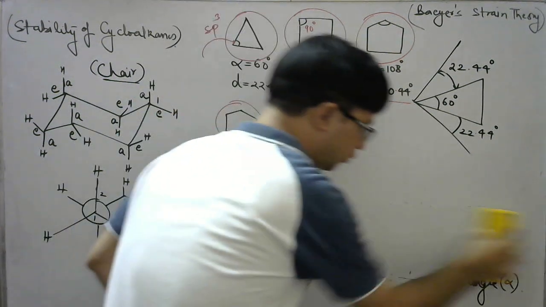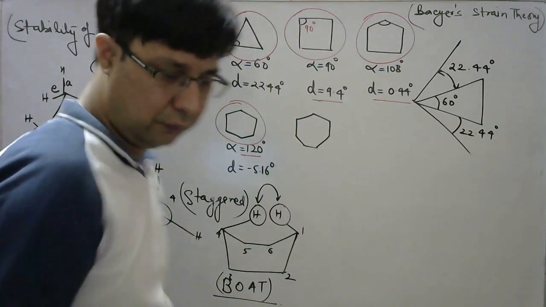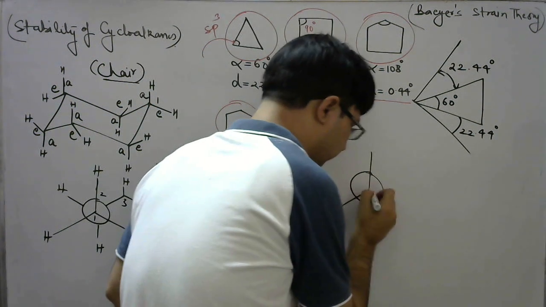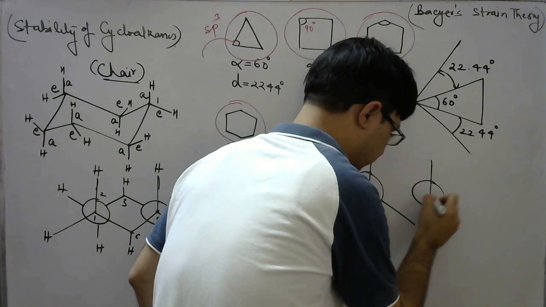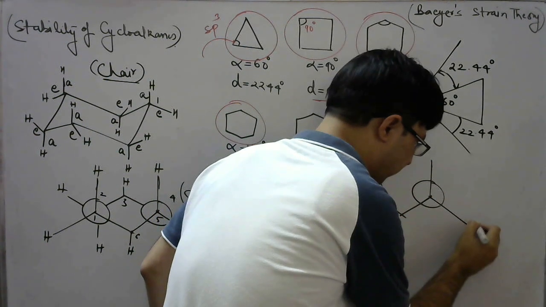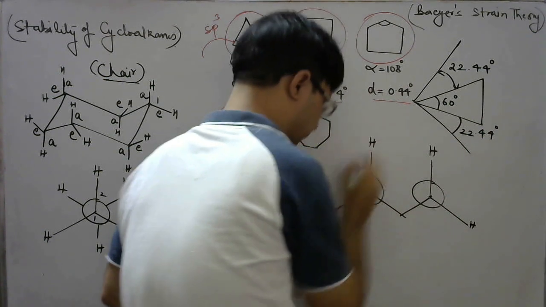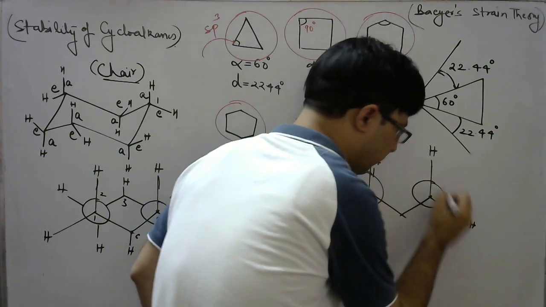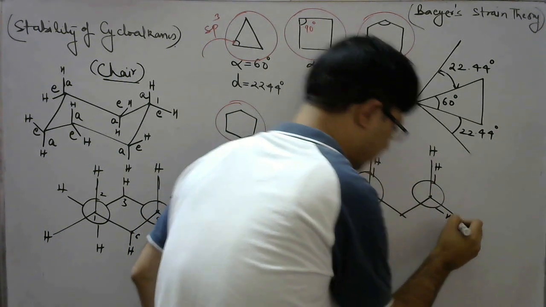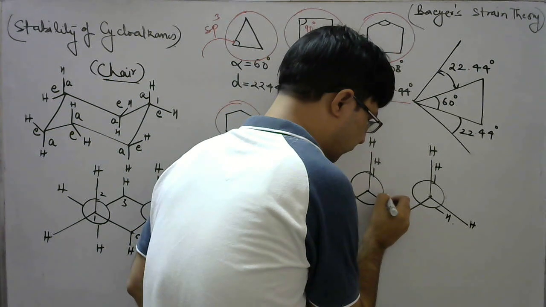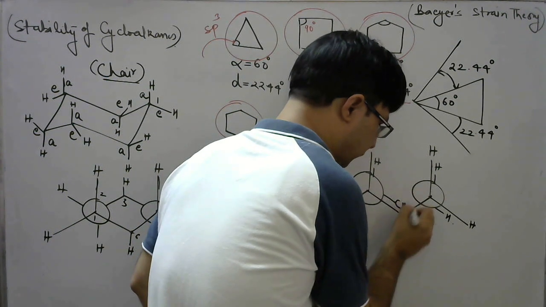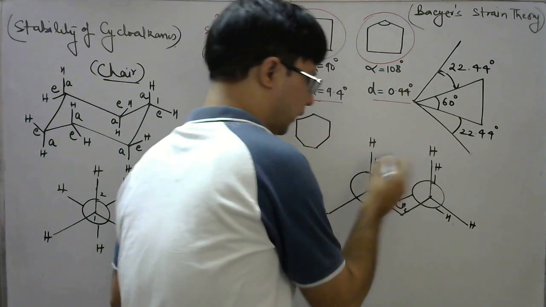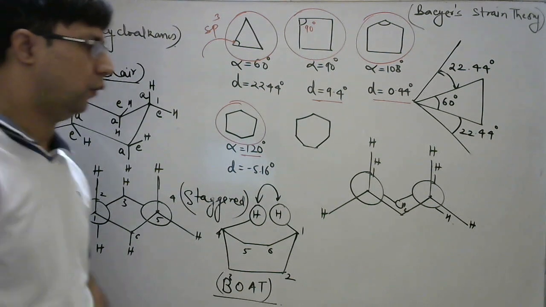If I draw the Newman projection of this boat conformer, if you consider this, what kind of form is this?